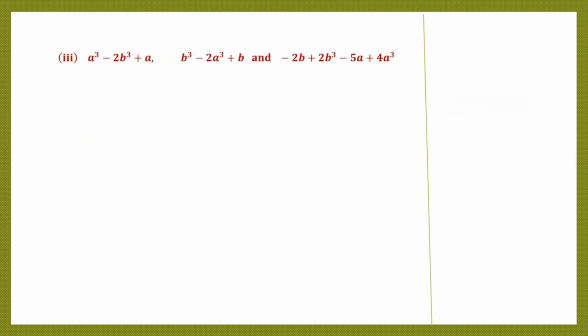Next question. A cubed minus 2b cubed plus a. This is the third set. So a to the power of 3 minus 2b to the power of 3 plus a. The next set: b cubed. So we put it in this column: b cubed minus 2a cubed plus b. Now we don't have a column for b, so we make a separate column for b.